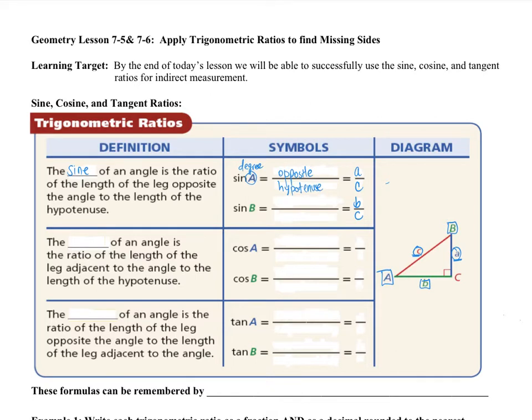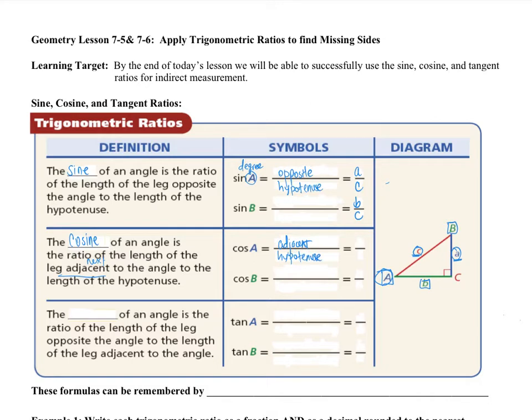And the second one we have is cosine. Cosine is defined by an angle that is the ratio of the length of the leg adjacent, meaning next to, the angle to the length of the hypotenuse. So we have cosine A equal to adjacent over hypotenuse.